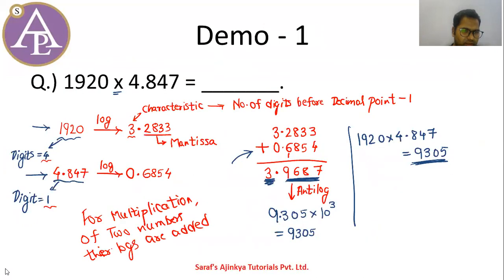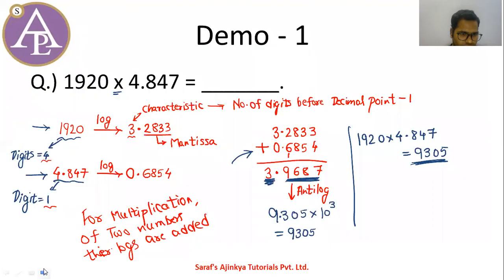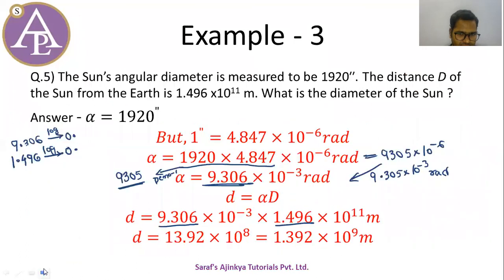We want 9306. Where is 93? 930 is there, this is 0. So 930 and 6. So 9685 plus 3, so it is 9688.